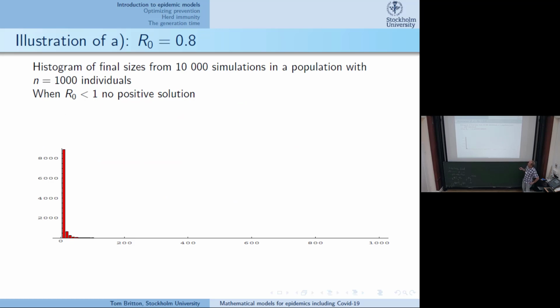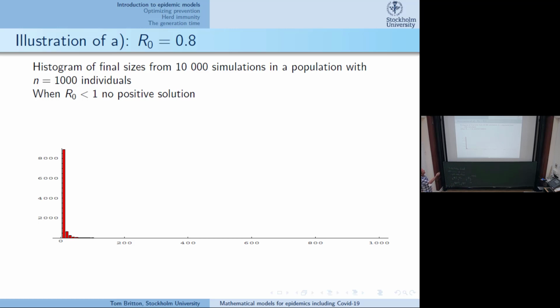Here is a simulation. When R0 is 0.8, what I have simulated is, I show this slide to high school students when I talk, so maybe it's too simple for you guys.